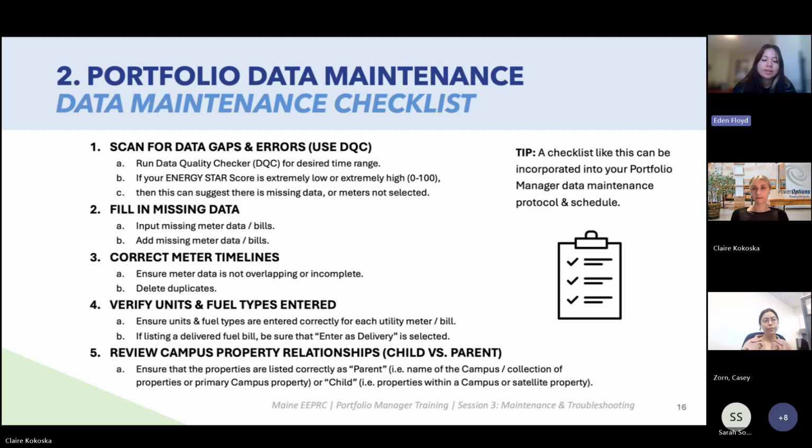Using the campus or the child and parent properties is good when you have buildings that are touching, or they share a wall, or if they share an electricity or utility meter.